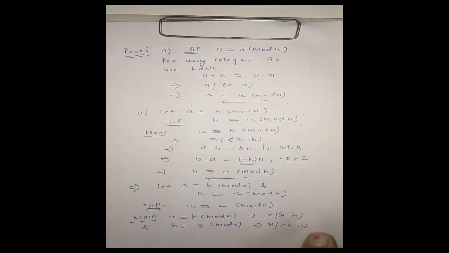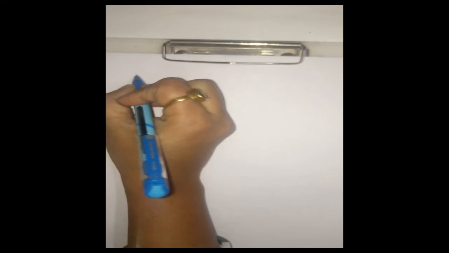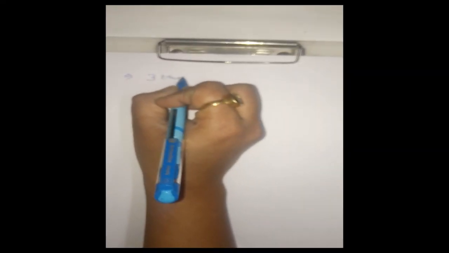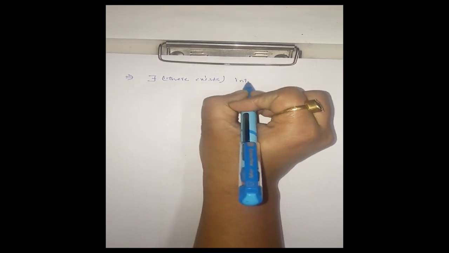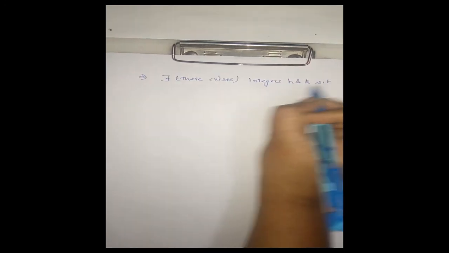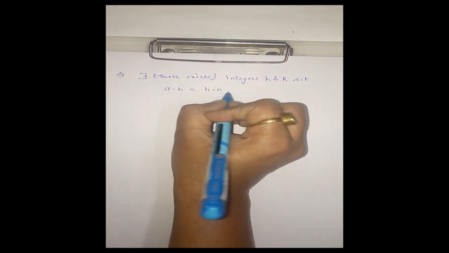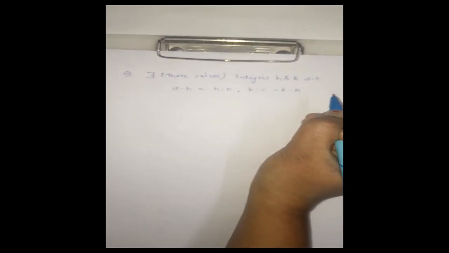Clear? Now this will imply there exist integers h and k such that a minus b is equal to h into n and b minus c is equal to k into n. Clear?